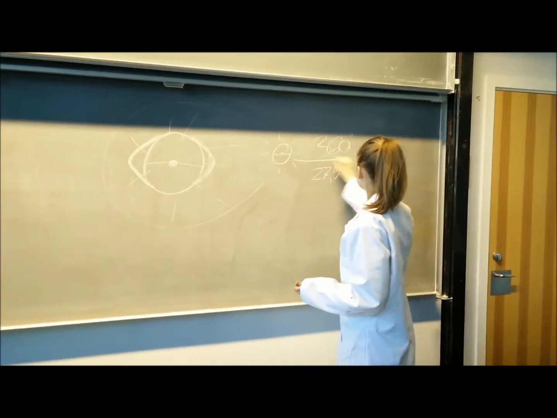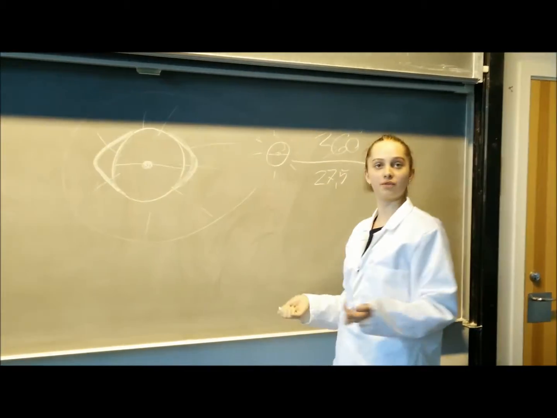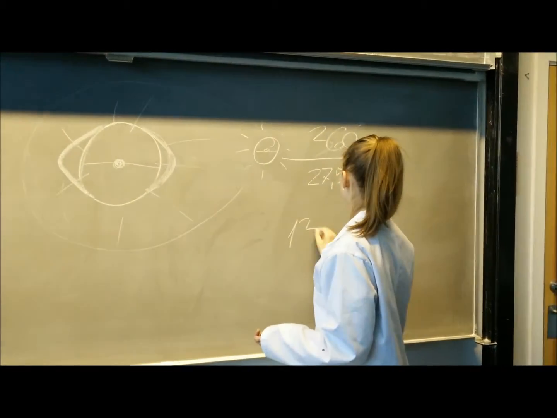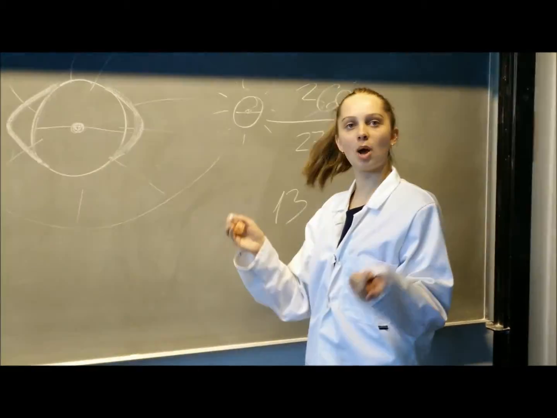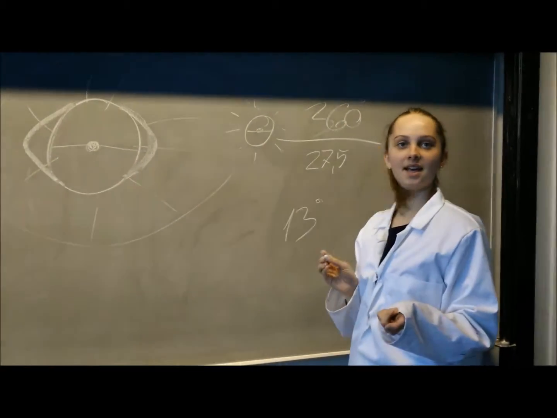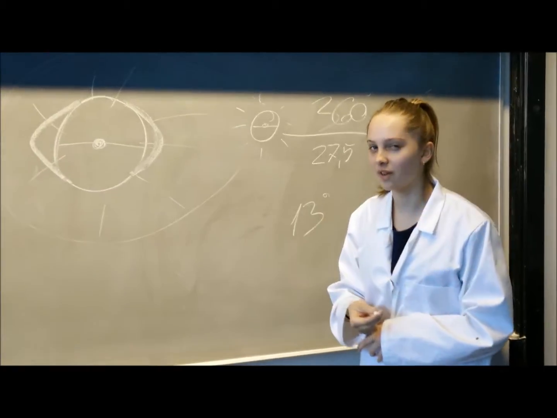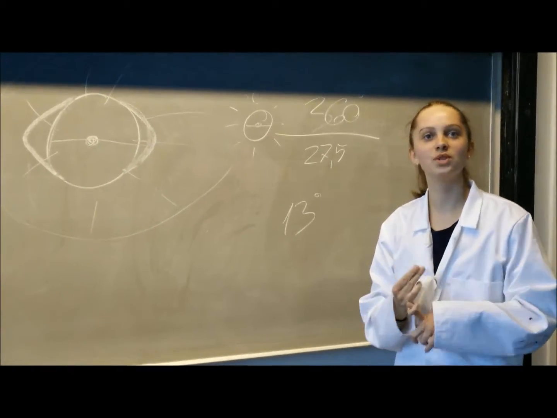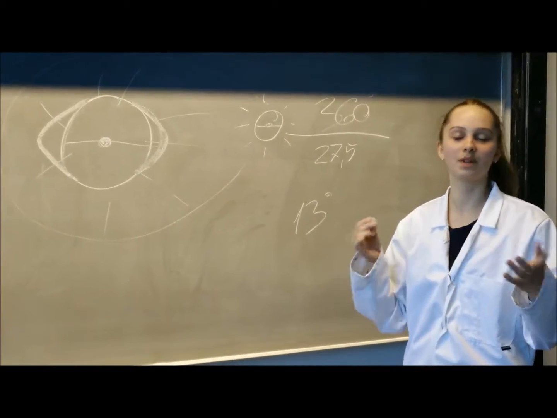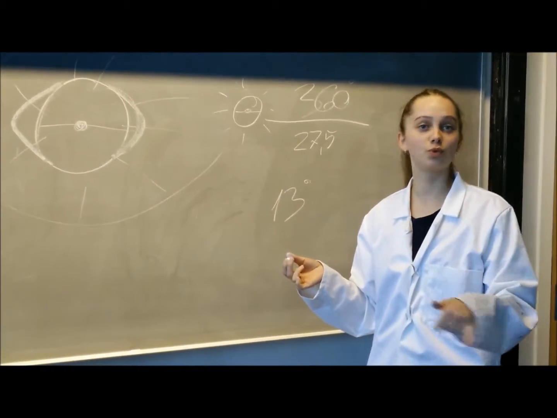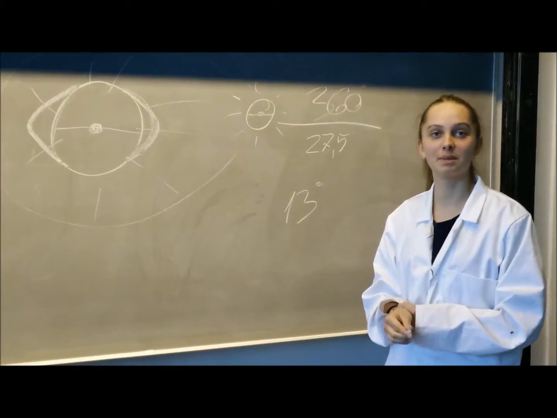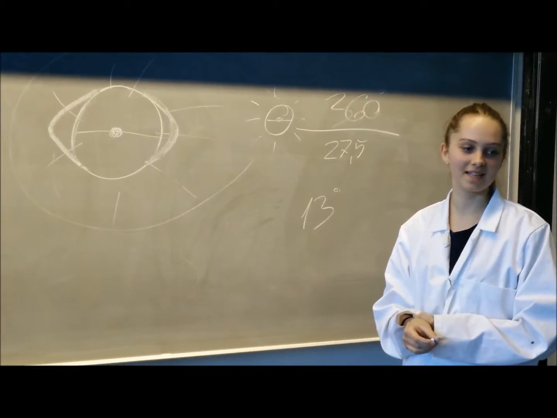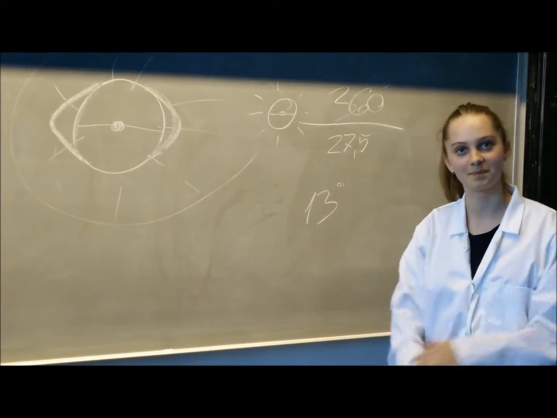So if we divide 360 by 27.5, we get 13 degrees to be added on top of these a day. And that gives us an extra 25 minutes per tide, which means that there will be 2 tides every 24 hours and 50 minutes. Yes, so that is that. That is why the tides are displaced.